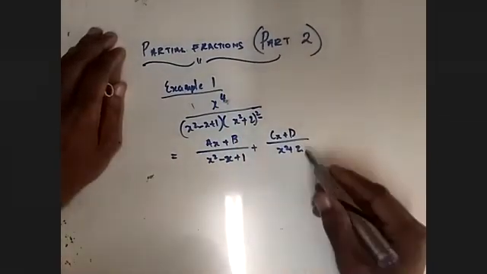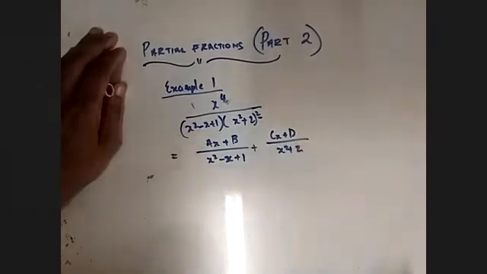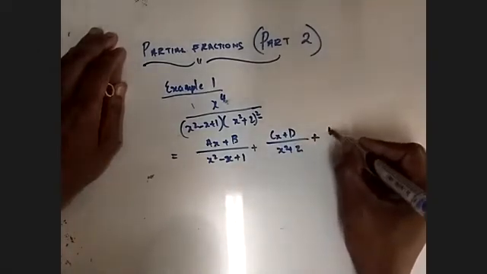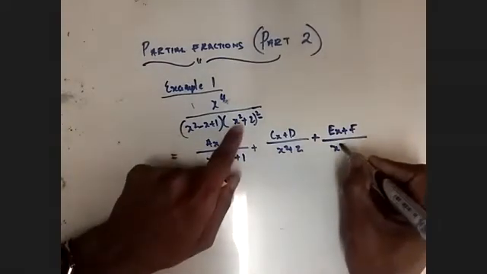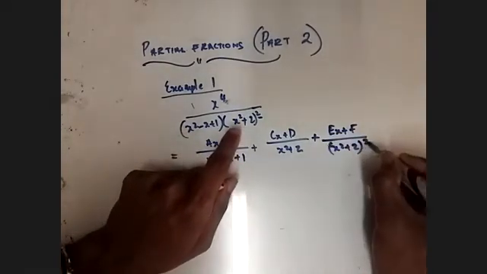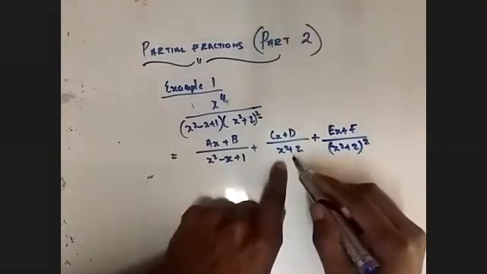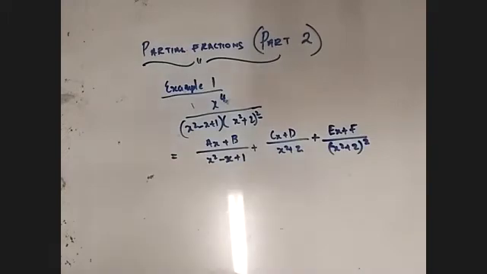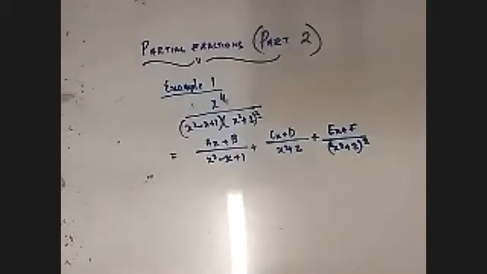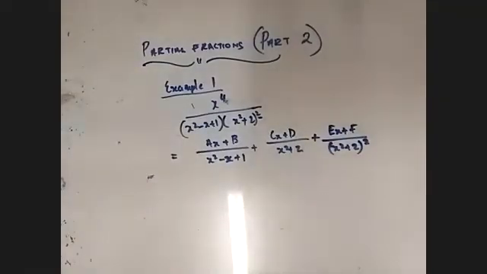But since this thing is being repeated, we have ex plus f all over the same thing, x squared plus 2, but this time squared to show that this is a repetition of this one. This is the partial fraction decomposition.